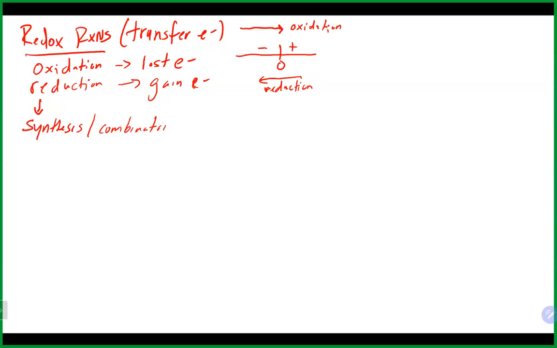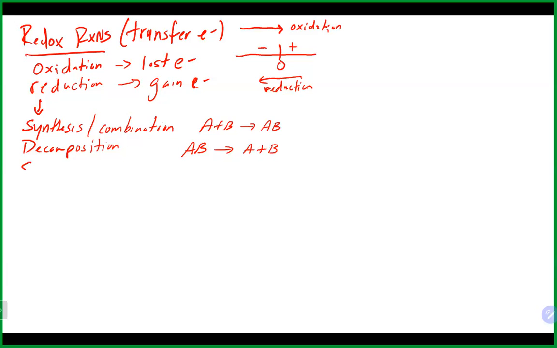And that is, again, when we take a couple of things and make one thing. A decomposition, which is the opposite of a combination reaction. That's when we take one thing and break it apart into, say, a couple of things.